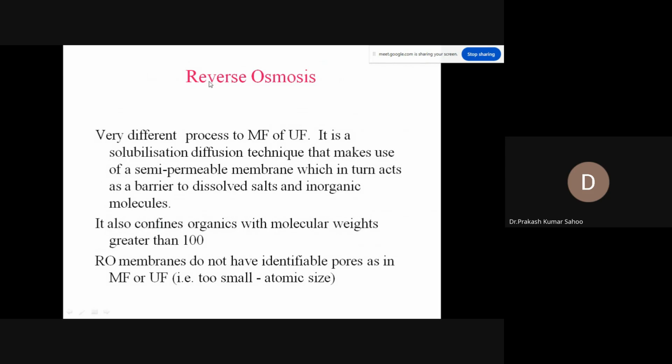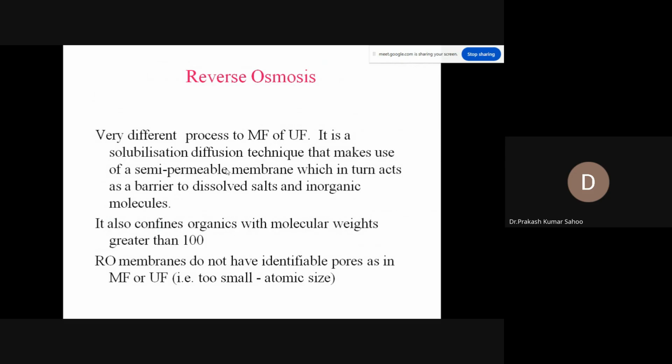Then the very well known and popular concept, that is reverse osmosis or RO. This is a different process from microfiltration or ultrafiltration. First we have osmosis, then we will move to reverse osmosis.